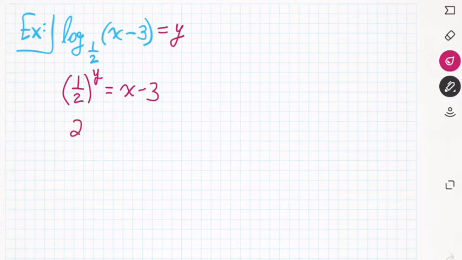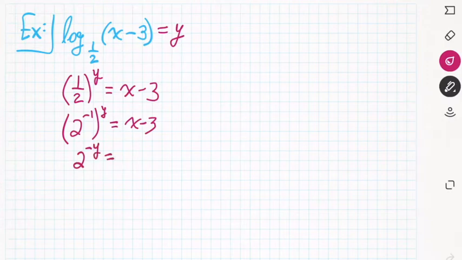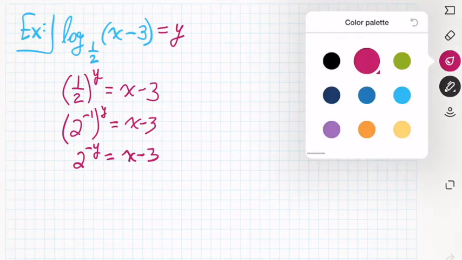So this becomes 2 to the negative 1 raised to the y power is equal to x minus 3. And then power to a power you multiply, so you get 2 to the negative y is equal to x minus 3. So at this point, we've gotten the 1/2 power down to just 2. So I'm going to change it back into logarithmic form.